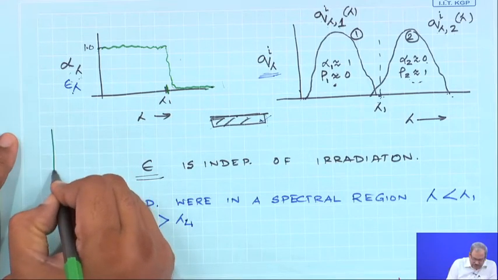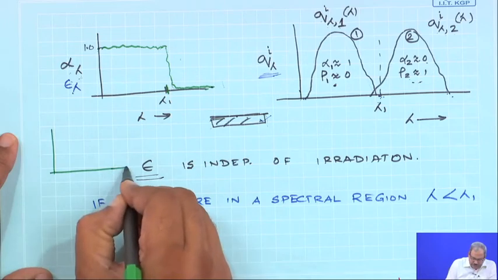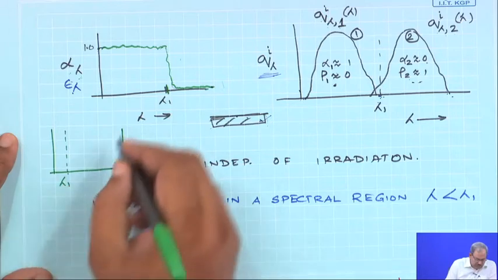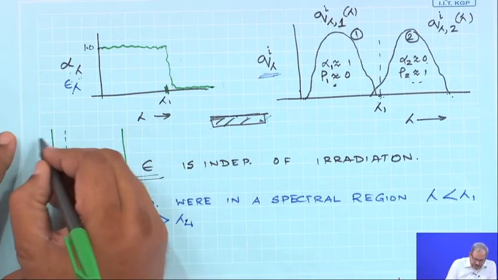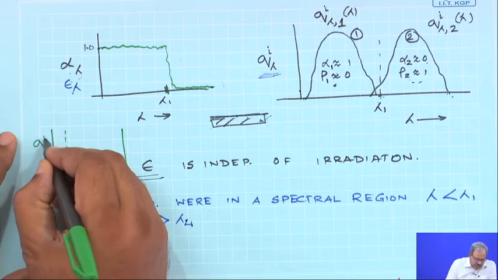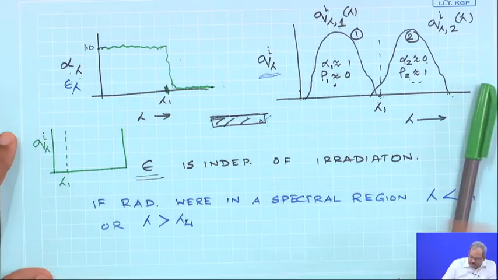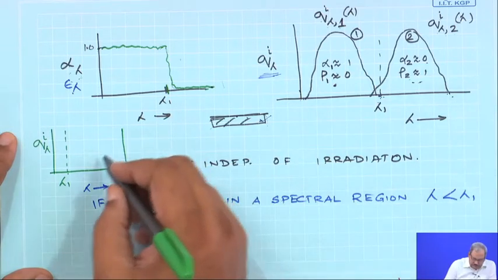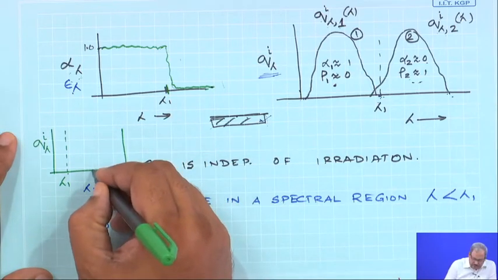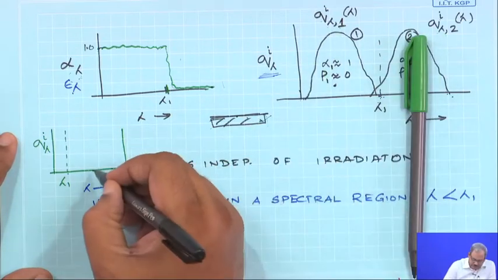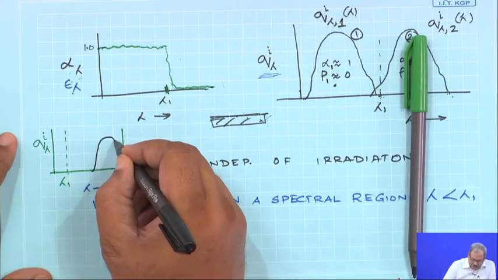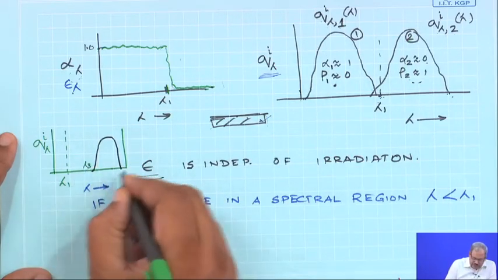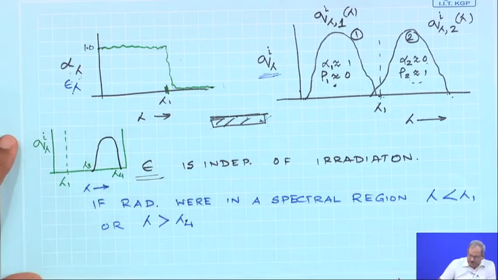So, I have figures like this. Let us say this is lambda 1 and this is q lambda I, and I have lambda over here. Let us say I have an irradiation which looks like this. This is at lambda 3 and this is at lambda 4.